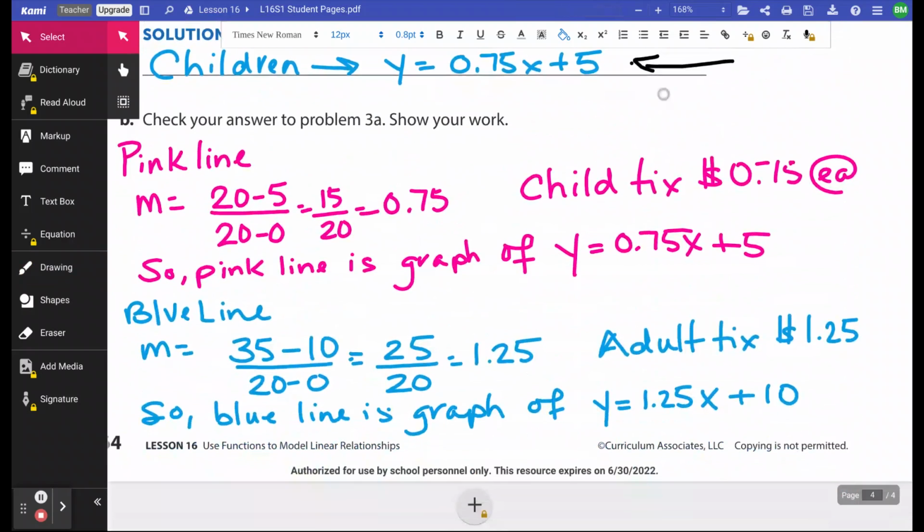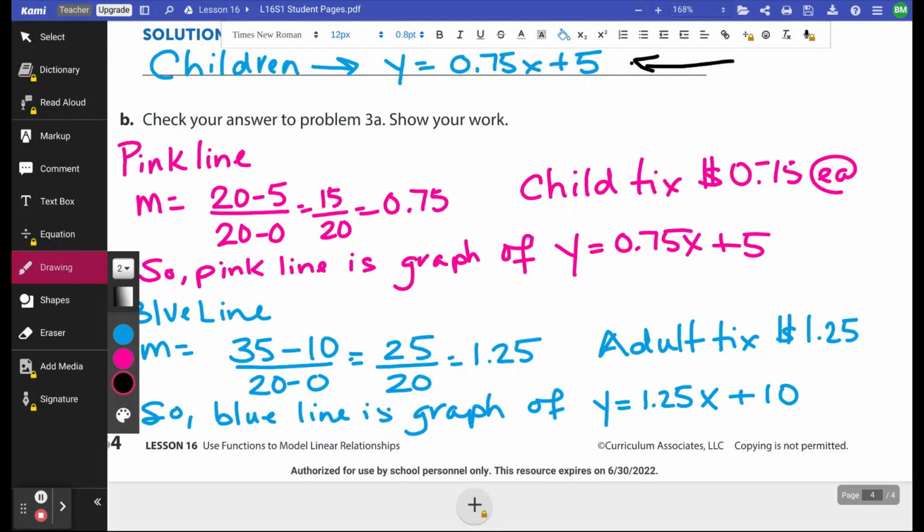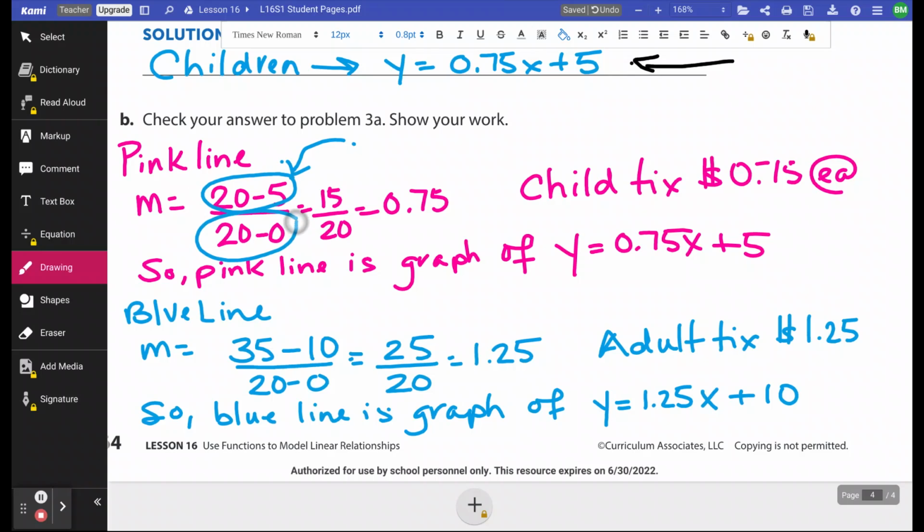And then finally, one way to check your work is by finding the slope a different way. So instead of counting out the slope on the graph, you could use the slope formula: find 2 good points, subtract your y values in the numerator, and subtract your x values in the denominator. Make sure you do them in the same order so that you come up with the correct slope.